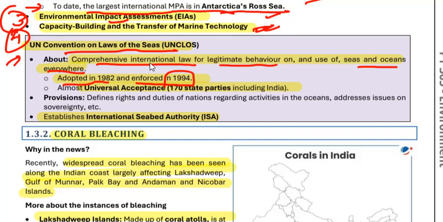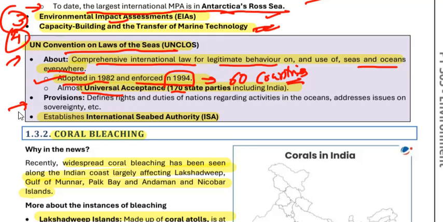It started with the Conference on the Law of the Sea, and finally it was adopted in 1982, but was not enforced till 1994. It was ratified by 60 countries by 1994, and then it came into force. Currently, it has universal acceptance with 170 state parties, and India has already ratified it.